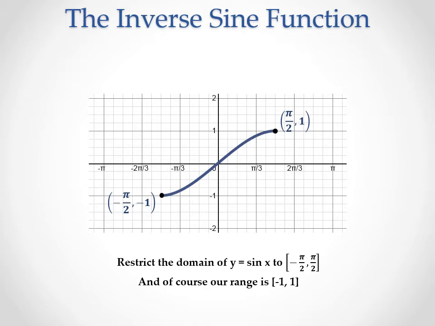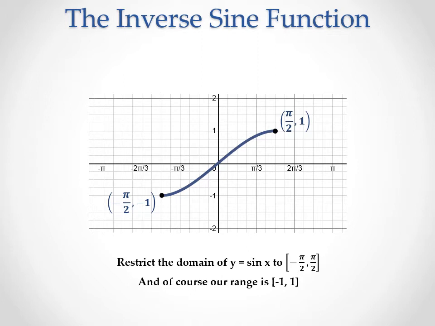We're not looking at the unit circle, but you have to think about relating this to the unit circle. We're restricting it from negative pi over 2 to positive pi over 2, so we would be in the fourth and first quadrants if we're thinking about a unit circle. Now remember too that the outputs from sine and cosine, or the range, is always from -1 to 1.